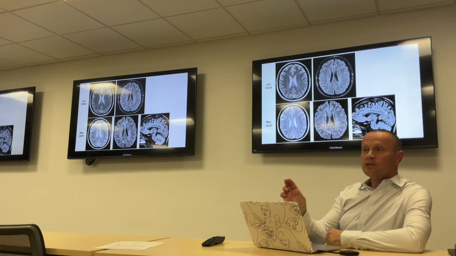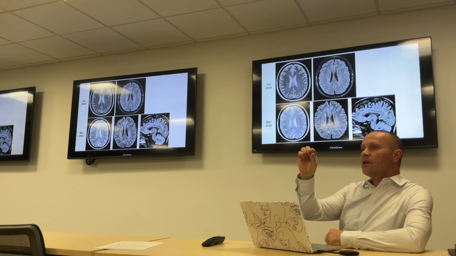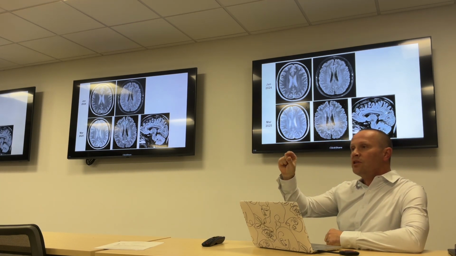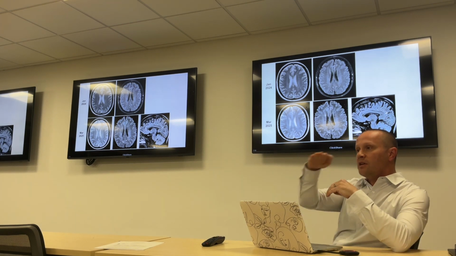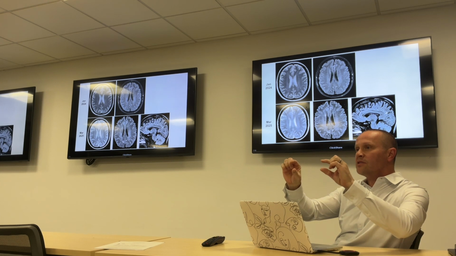more conspicuous. So every time we take an image through the brain, that slice has a particular thickness. Usually it's about a 5 millimeter slice. It's a 5 millimeter selection of brain tissue, obviously compressed into 2 dimensions, right? So it's very flat. And then usually we skip 1 or 2 millimeters before the next slice is acquired.